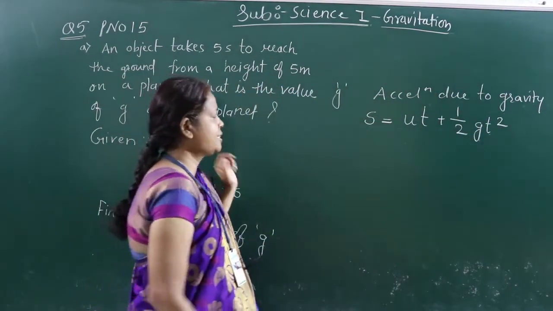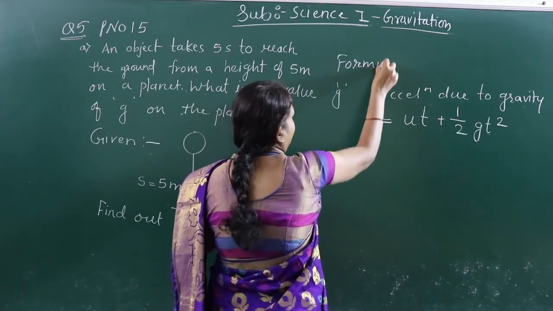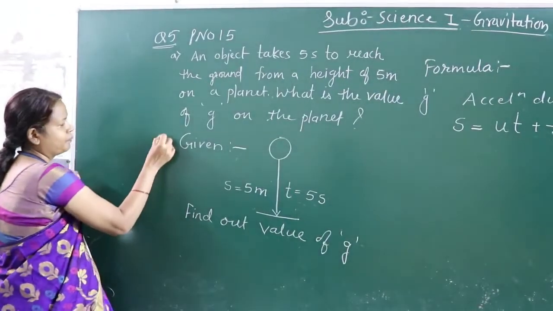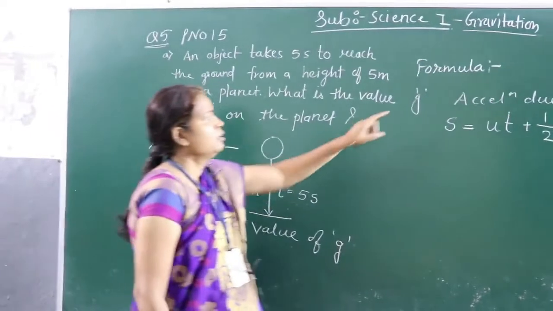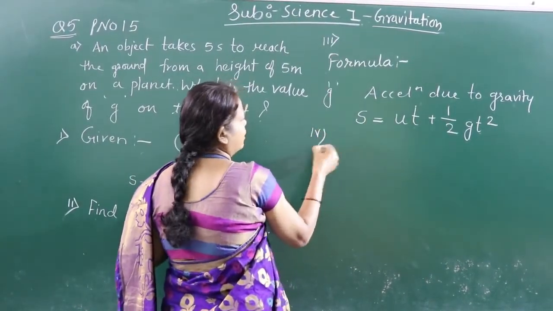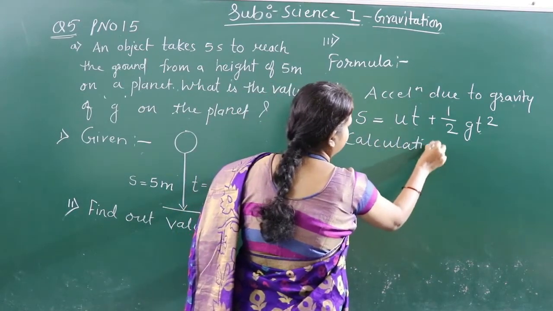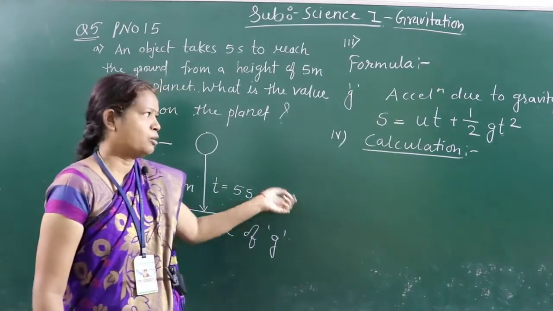Okay, now second step, this is our formula. We can make points also. First point is given, second point is what to find out, third point is our formula, and the fourth point is the last one, that is our calculation.